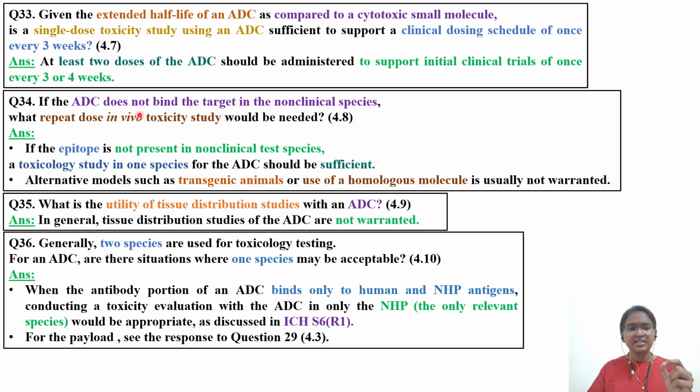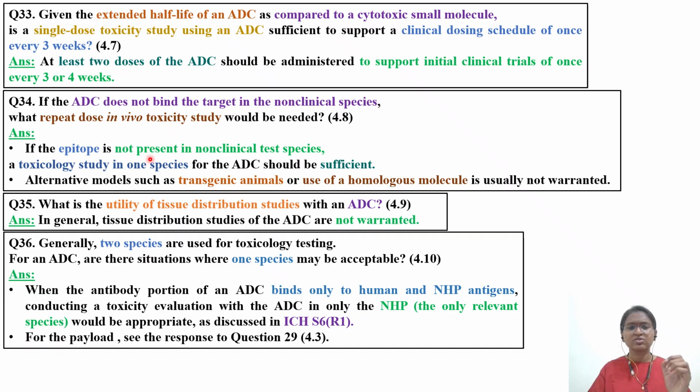Next, if the ADC does not bind the target in the non-clinical species, you have an antibody-drug conjugate, a new anti-cancer drug, and in the tested species the receptor is not there, so it is not going and binding. What repeat dose in vivo toxicity should be needed? We don't have a relevant species. So let's see what the ICH agency is answering.